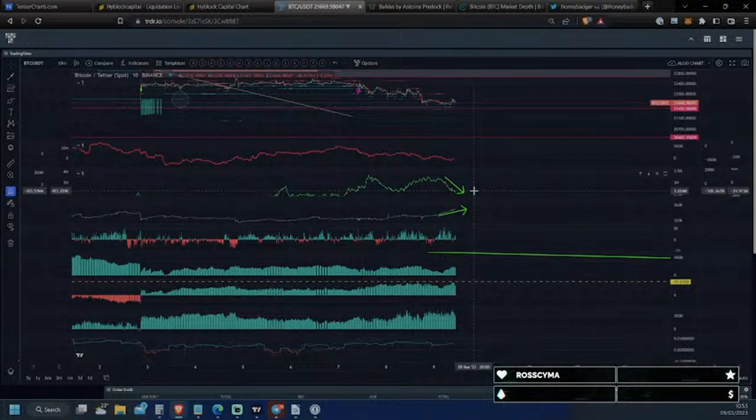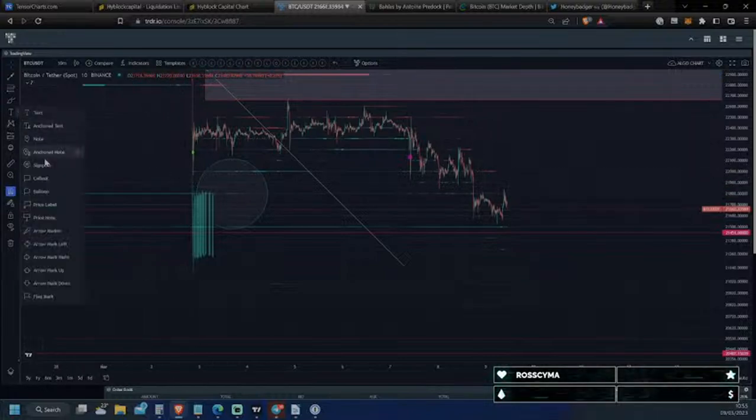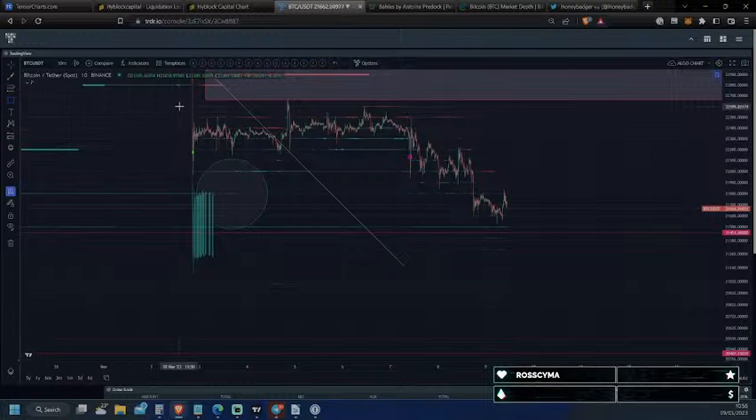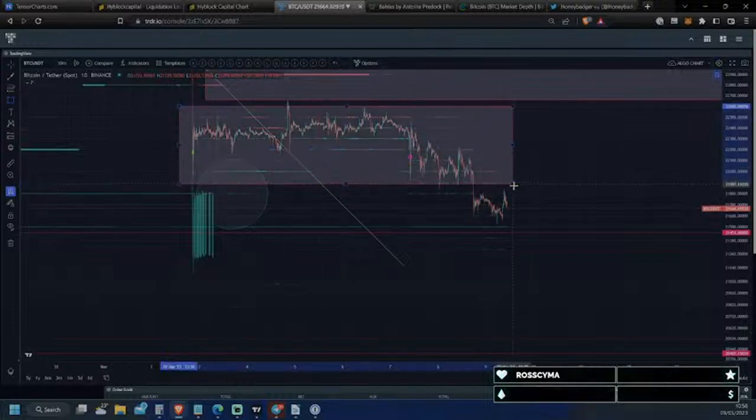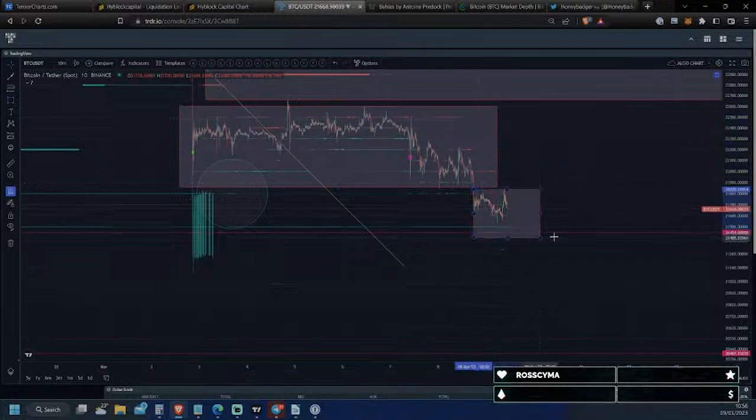So I'm under the assumption that as we're down here in this range, and we can be down here for quite some time, we're accumulating shorts from fish. That's the first thing that caught my attention down here. We had this area here, which could be somewhat of an accumulative range, and then we have our manipulated move down here.